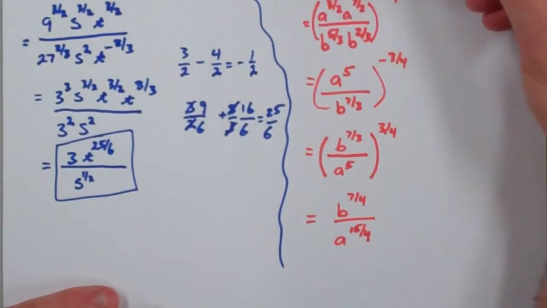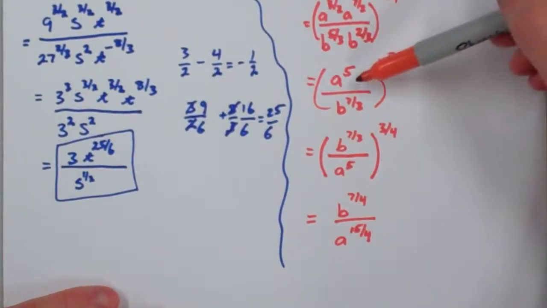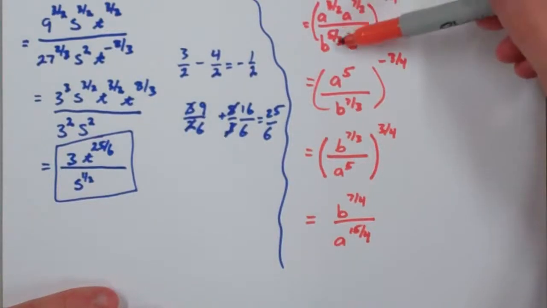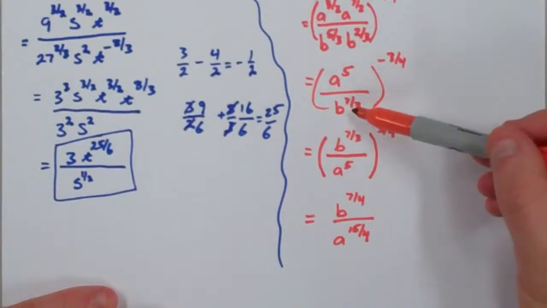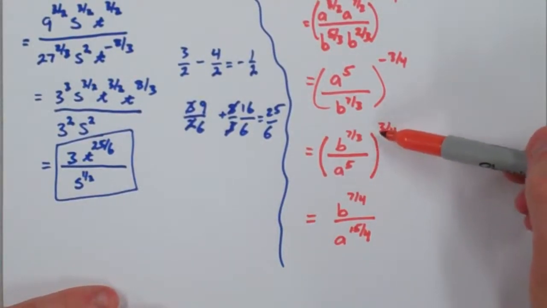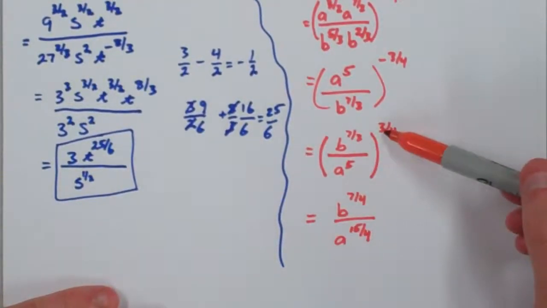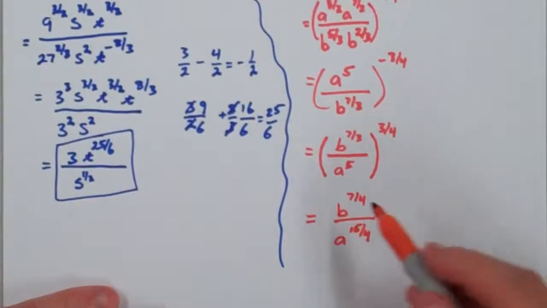We just moved our bases with negative exponents. Then we used our multiplying like bases rule and added the exponents. You can flip the fraction or take the reciprocal of the fraction, and then this sign will change. And then just multiply each one of these exponents by the exponent on the outside, and you've got your final answer.